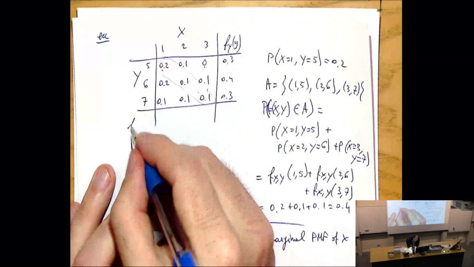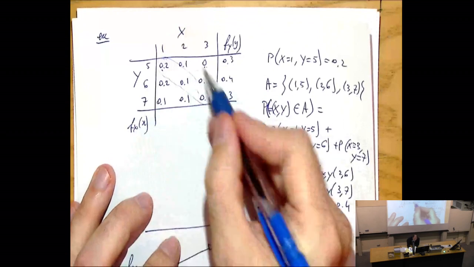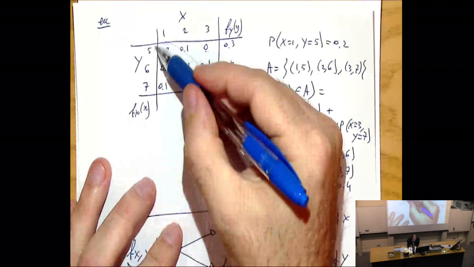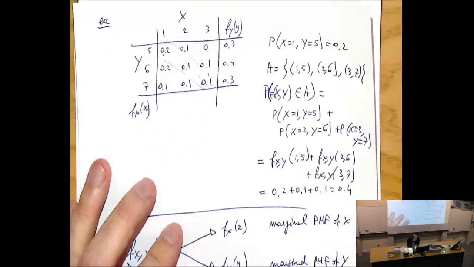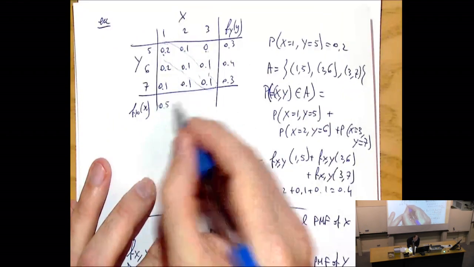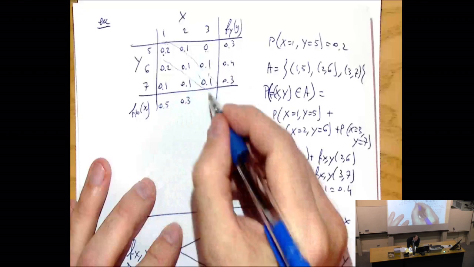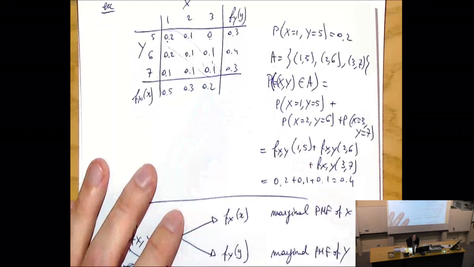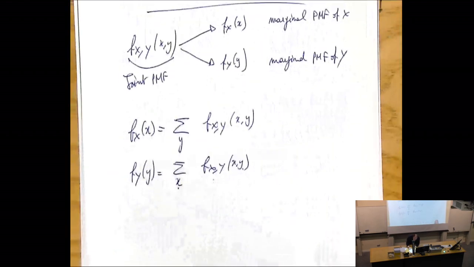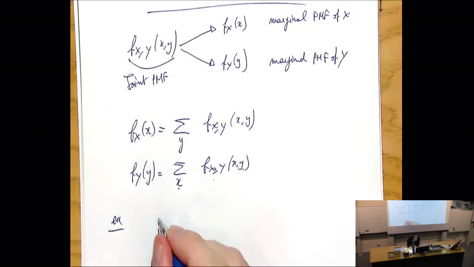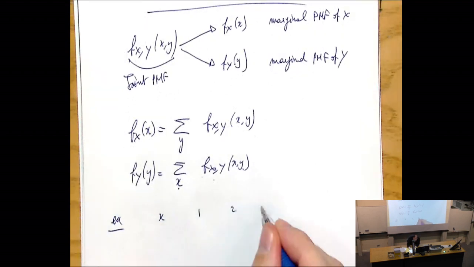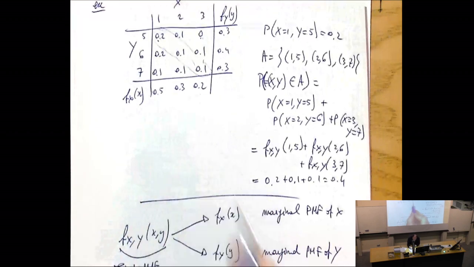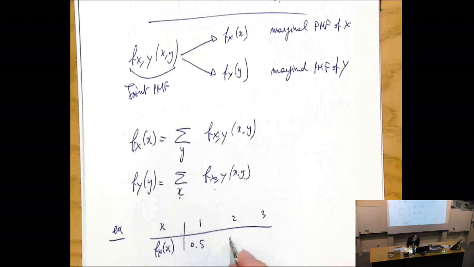The marginal of x is obtained by summing this joint probability mass function over the rows now, over y. So I will have 0.5, 0.3, and 0.2. So from here you can indeed write in that example that x is 1, 2, 3, and the marginal of x is given by 0.5, 0.3, and 0.2.